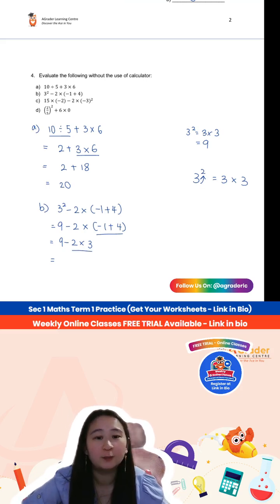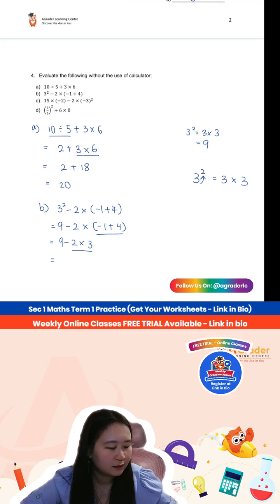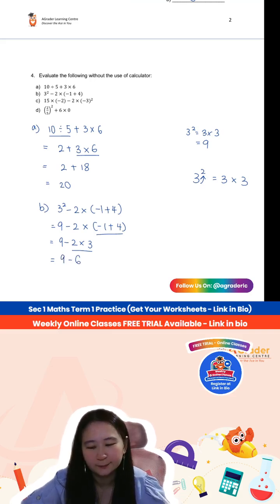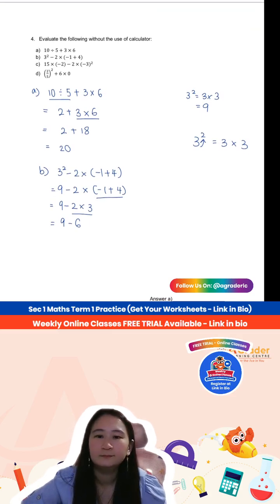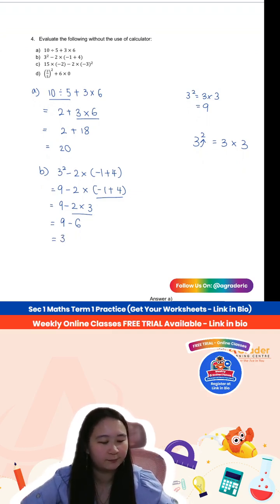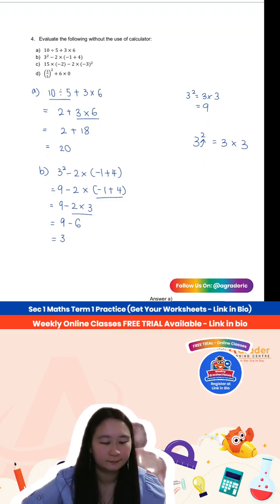Follow the order of operations. So 9 minus 2 times 3 comes first. So 9 minus 2 times 3 is 6. So 9 minus 6, we get 3. Yep, we are following the order of operations here.